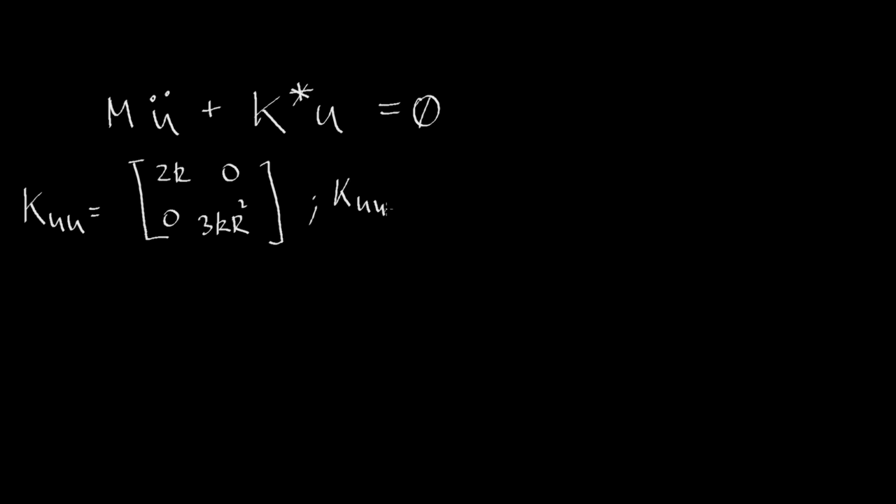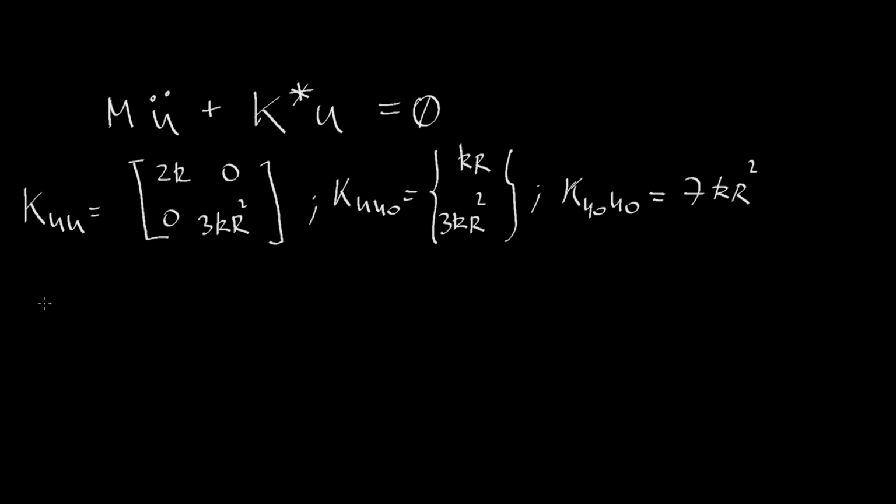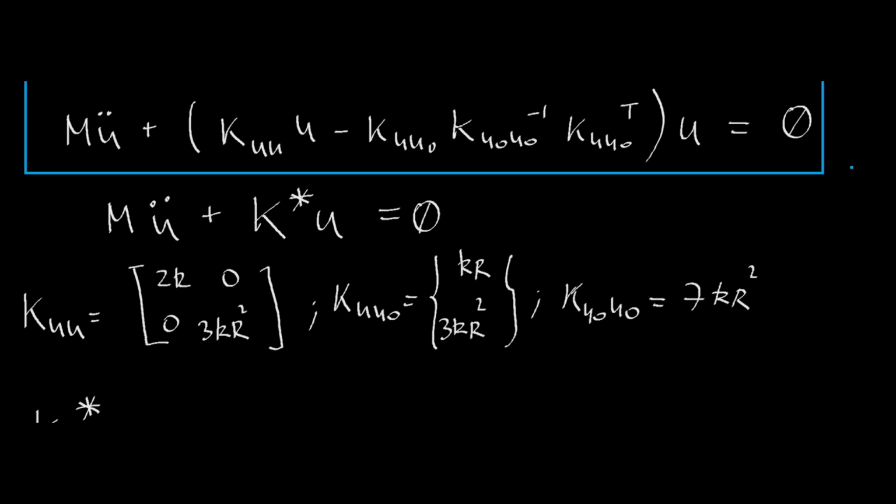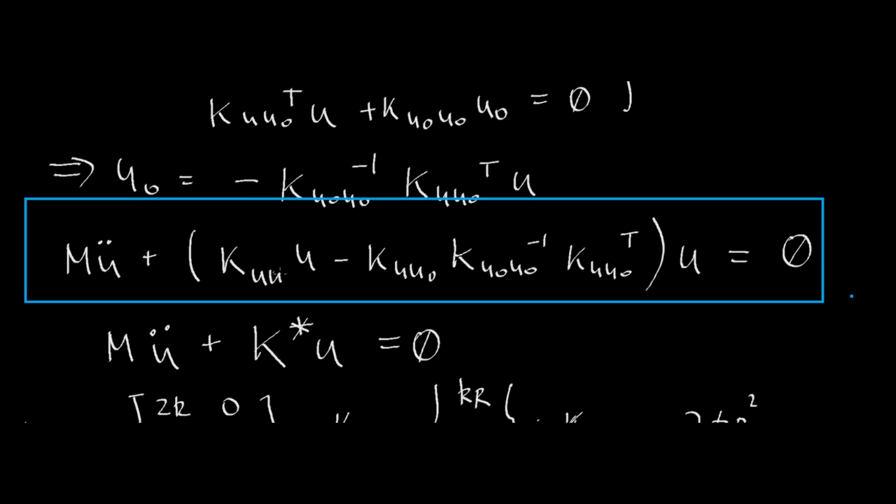K u0 is actually a vector, 3KR squared, and u sub 0 u0 is a scalar, 7KR squared. If we calculate then K star using this expression here, there is a slight mistake.